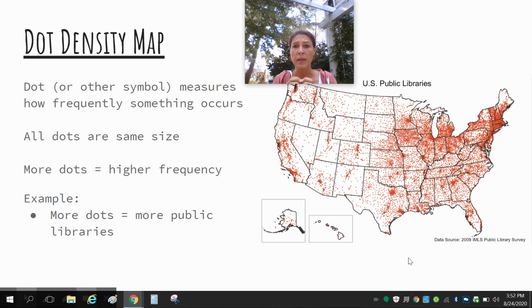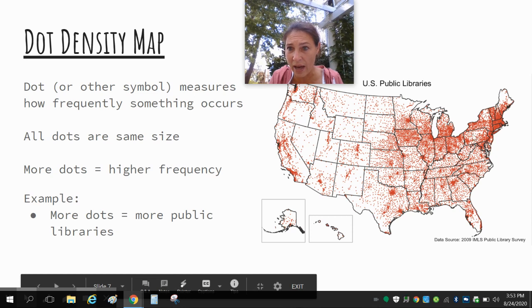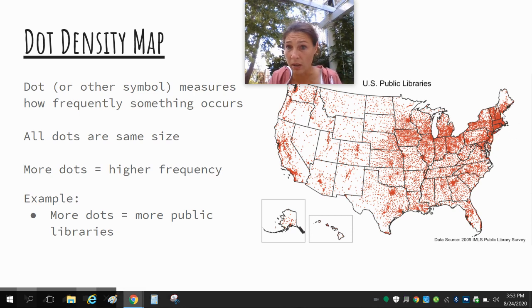So if I were to ask you, identify the patterns, where are you seeing the majority of public libraries here in the United States? I think it's pretty easy to tell that you're looking over here on the East Coast, and New England in particular, and then you see some clustered in this area and this area and this area.